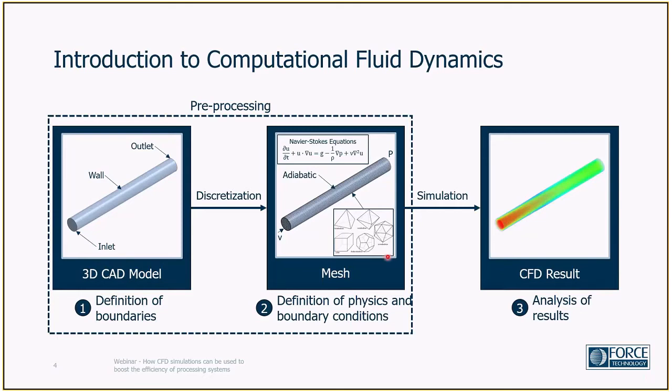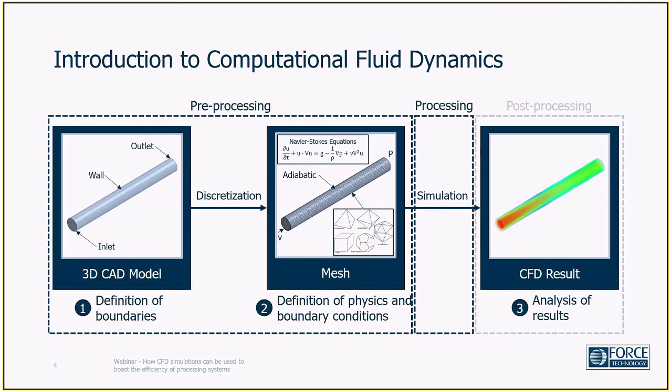The first one is the pre-processing, and this is everything we do before running the simulation. So it's where we set our CFD model. Then we have the processing part, which is where the equations are solved, and finally we have the post-processing, and this is the analysis of the results.